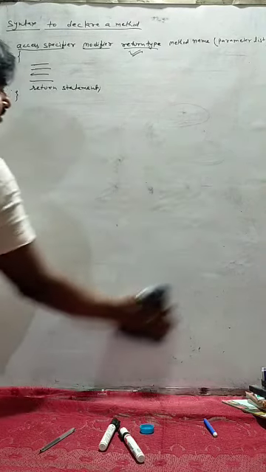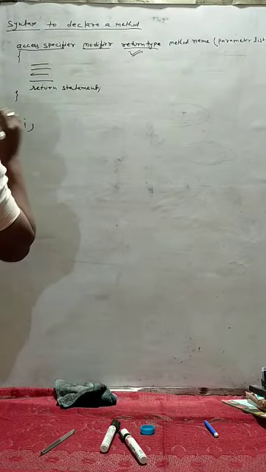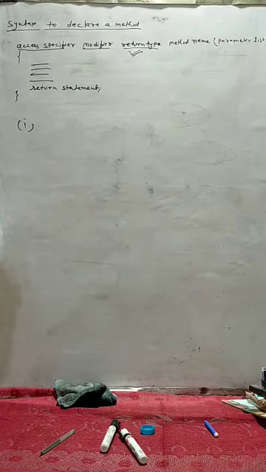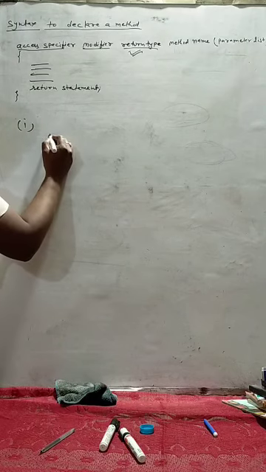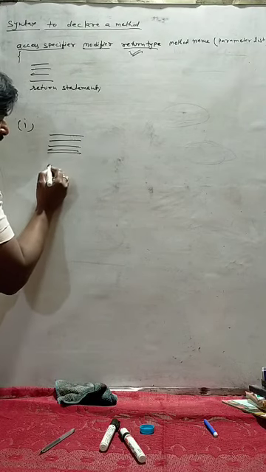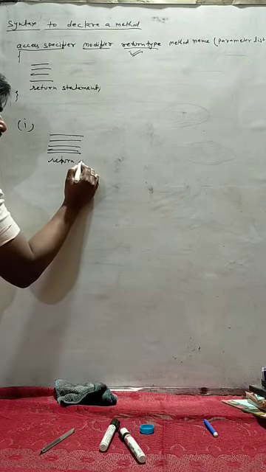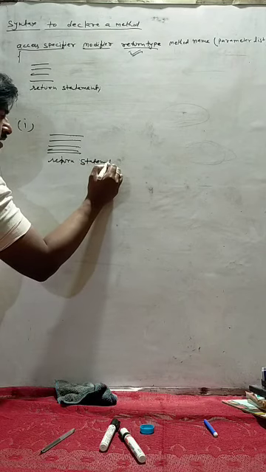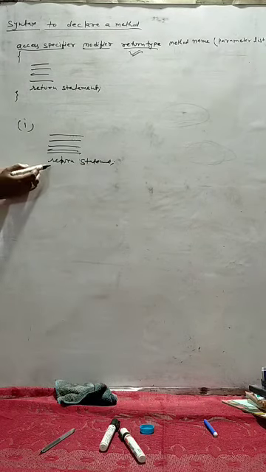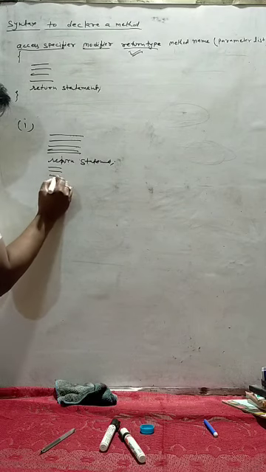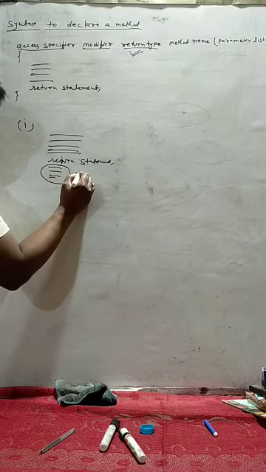So there are some conditions of using return statement. First condition is, it is applied at the end of a method. Suppose we are writing a method, return statement is used as the last statement, because after the return statement, this part cannot be executed.